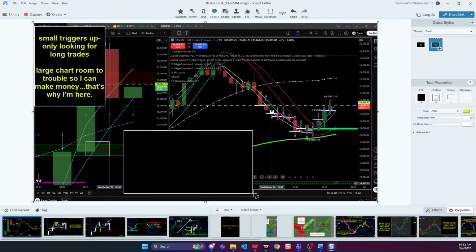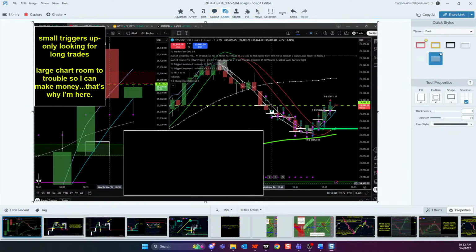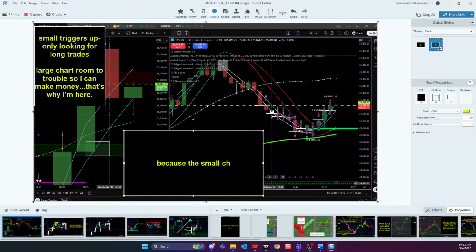So, OG, I want you to remember this because you won't worry about the other stuff. Because the small chart triggers rolled down, I must look for an area that is lower for my entry.